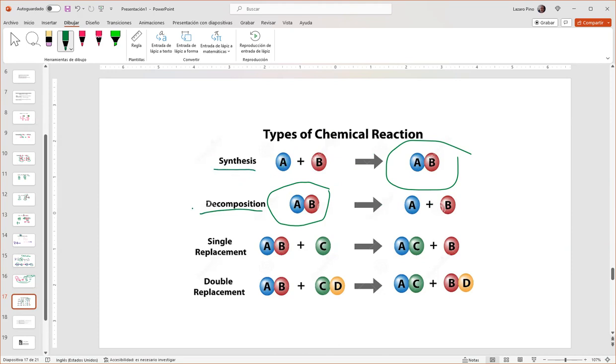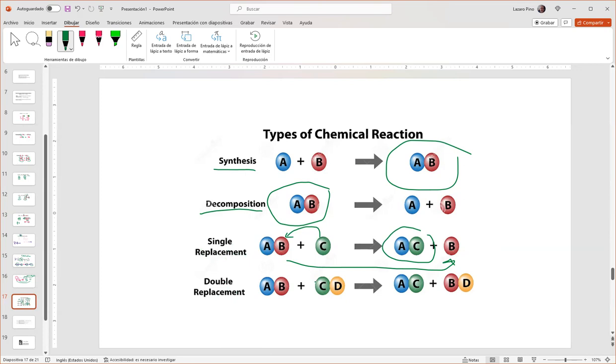Then synthesis and decomposition are opposite. Single replacement: well, in this case, C replaced B, and now B goes along in the products. You make a new substance, and this is what we call single replacement or displacement too. You can name it in both ways.